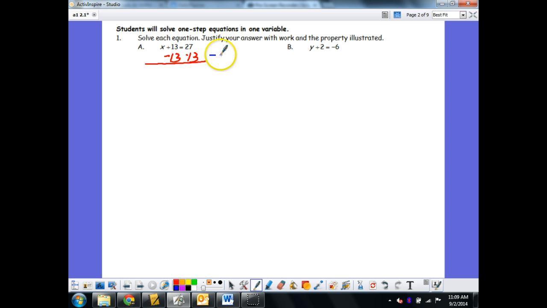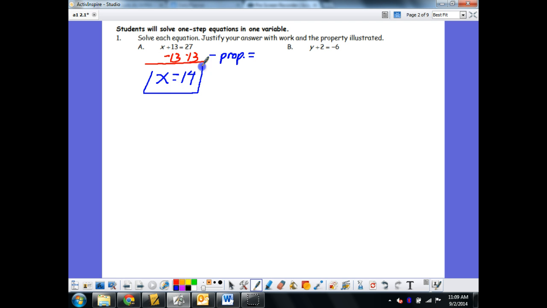So we have the subtraction property of equality, because we are subtracting 13 from both sides. Therefore, it's the subtraction property of equality. And then after that, we just do the arithmetic.